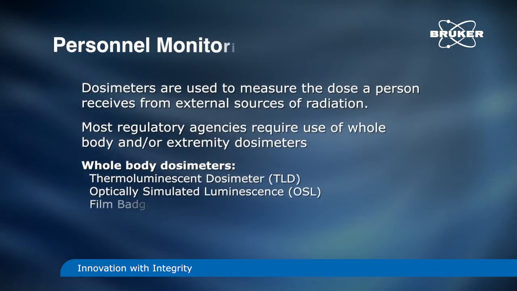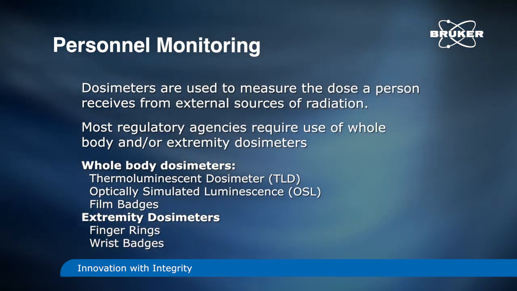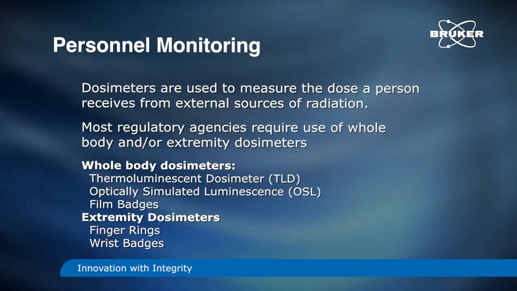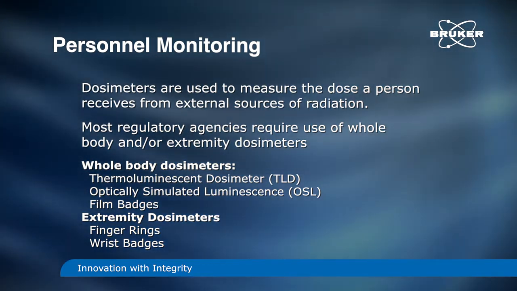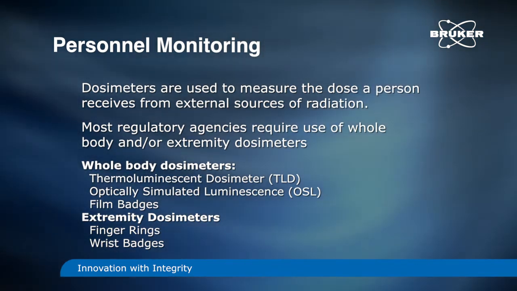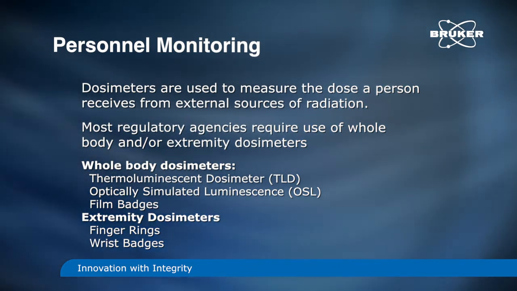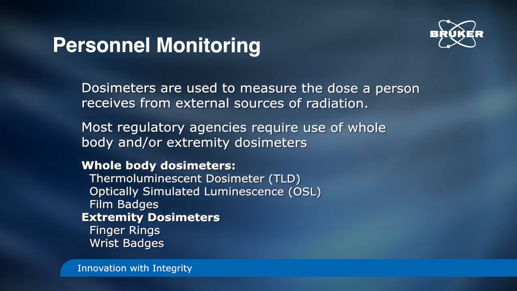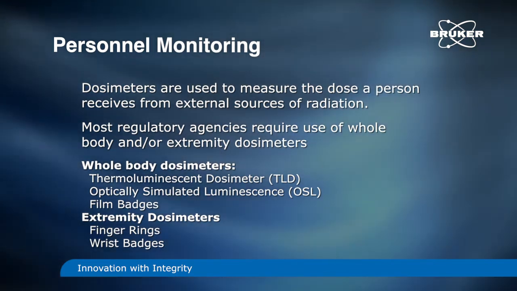Personnel monitoring devices called dosimeters are used to measure the dose a person receives from external sources of radiation. Regulatory agencies, in most cases, require use of whole body and/or extremity dosimeters when working with X-ray producing devices. Whole body dosimeters include thermoluminescent dosimeters or TLDs, optically stimulated luminescent dosimeters or OSLs, and film badges.